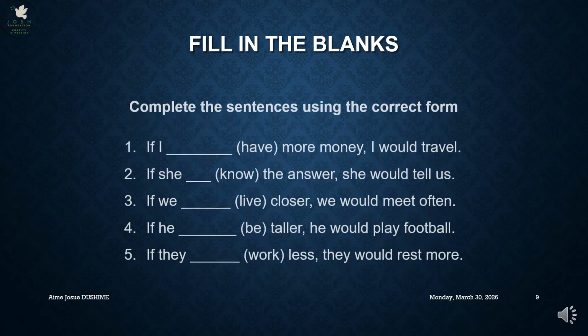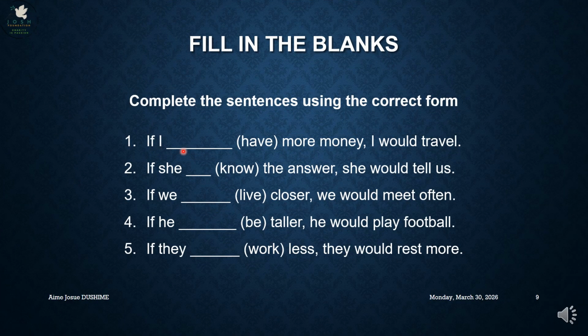So let's fill in the blanks here. If I dash dash more money, I would travel. If she dash dash the answer, she would tell us. If we dash dash closer, we would meet often. If he dash dash taller, he would play football. If they dash dash less, they would rest more.